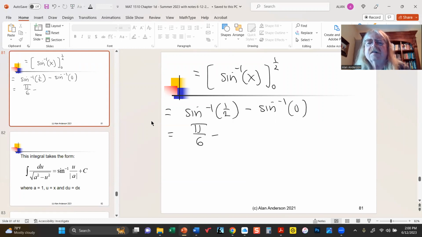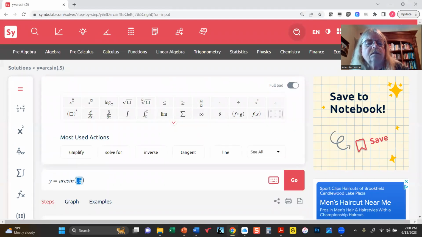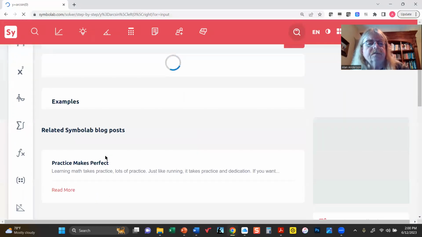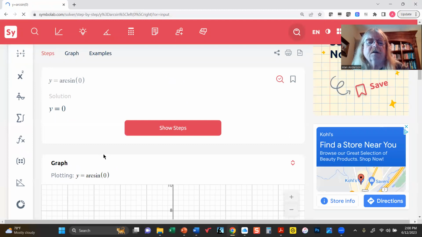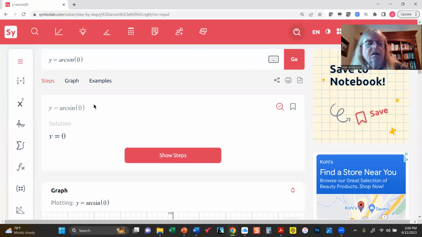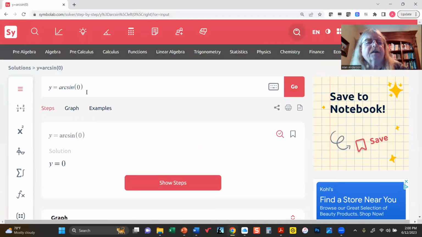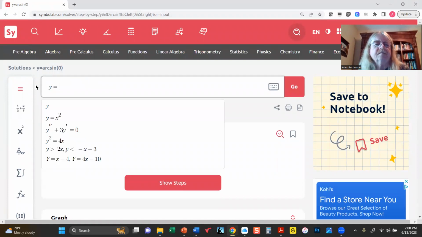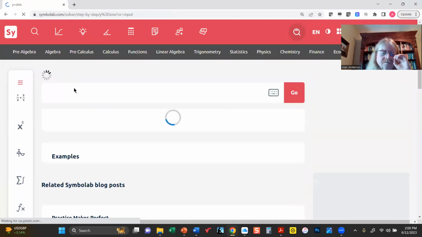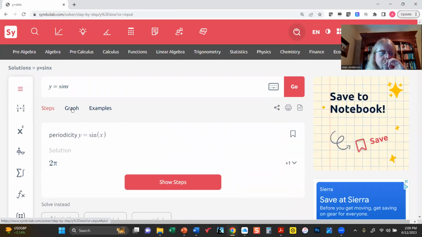Now, the arc sine of 0 turns out to be 0. Okay, so that's helpful. In fact, why don't we look at a graph of sine of x? So it's 0.